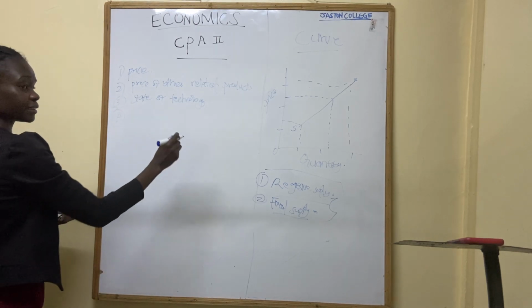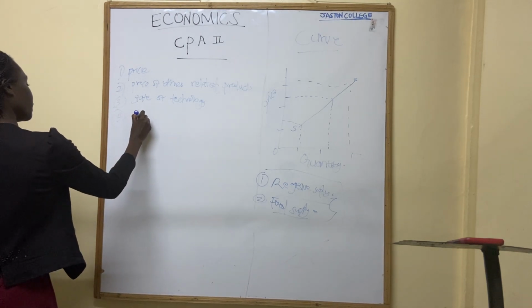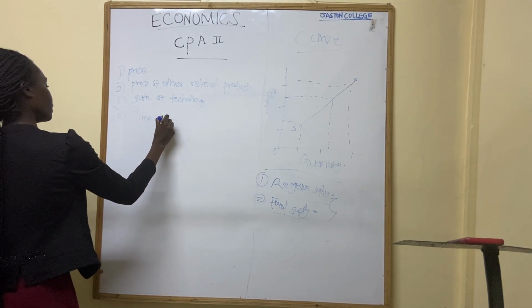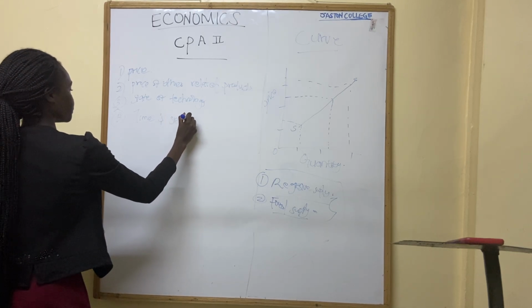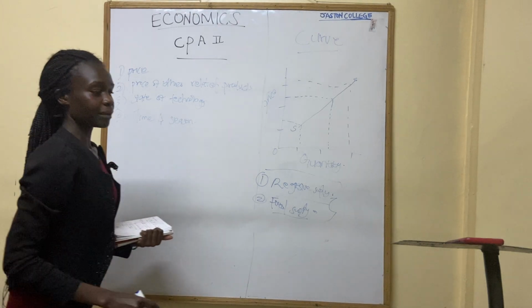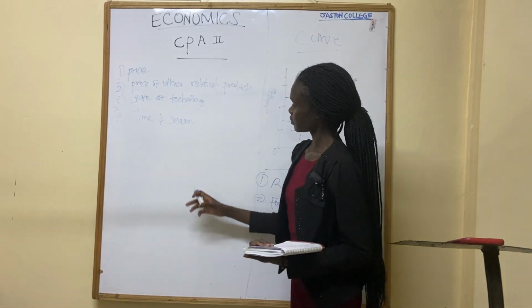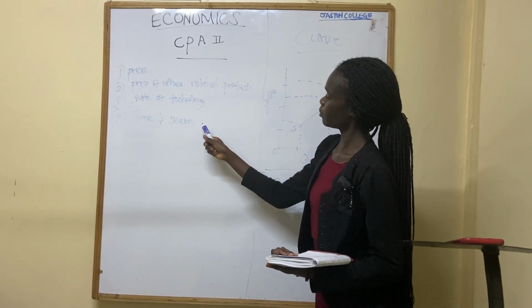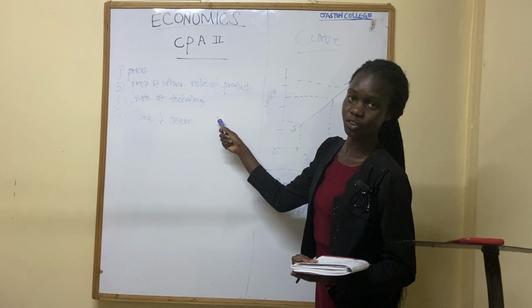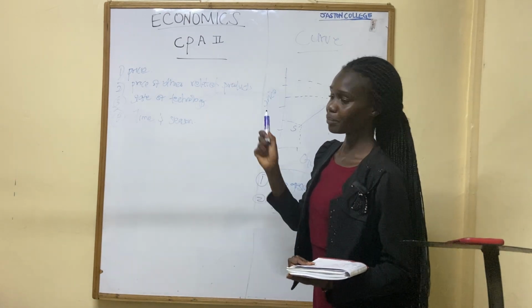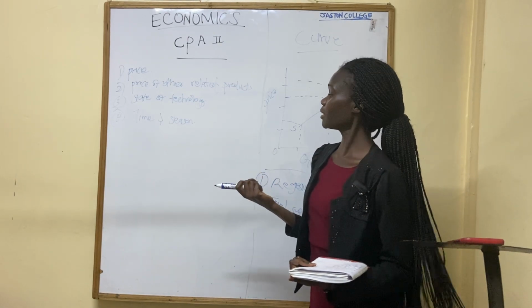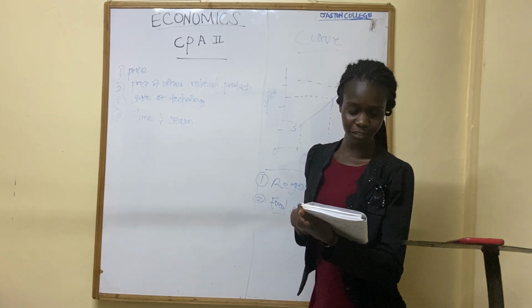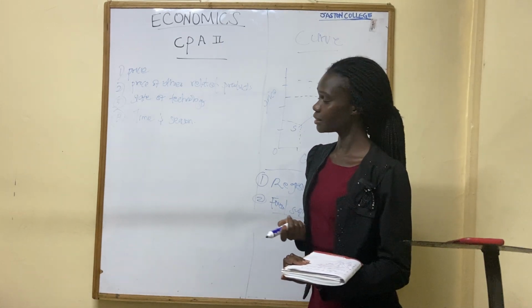The fourth one is time and season. This includes when there is drought or raining. There are some products you can sell when it's raining, and there are other products you can sell when there is a drought.